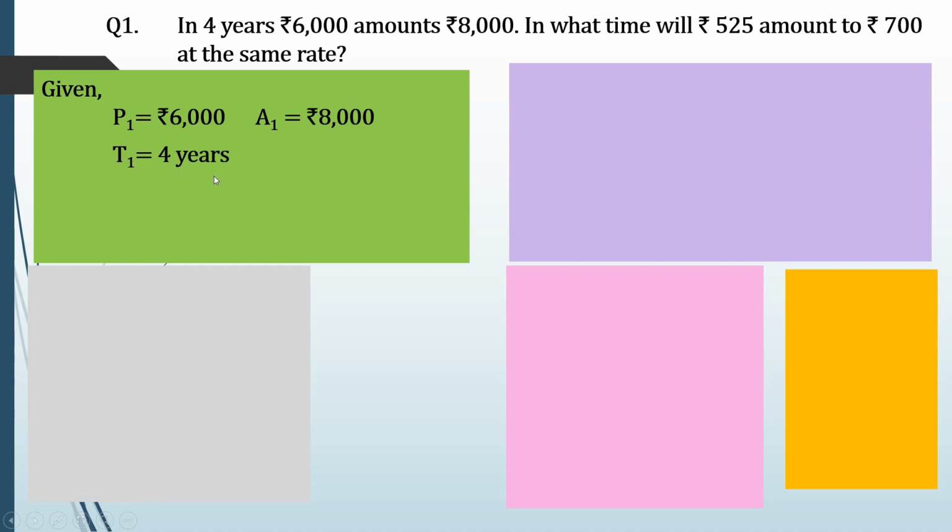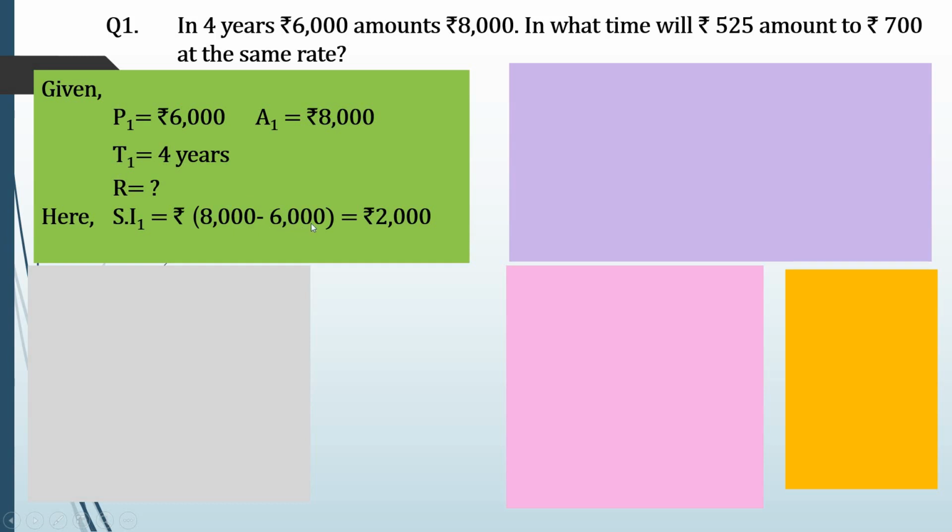Now from the given amount and given principal, we can find the simple interest. And how do we get that? Simple interest is equal to rupees 8,000 minus 6,000. This 8,000 is the amount. Amount minus principal will give us simple interest.